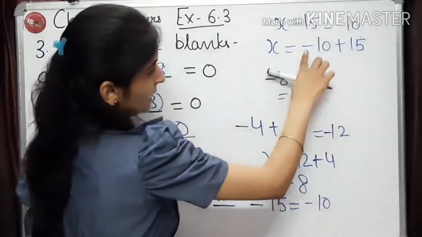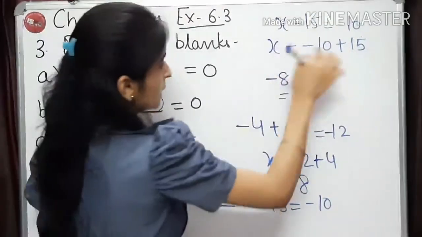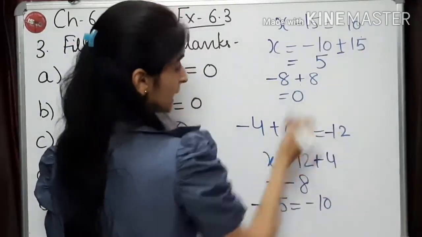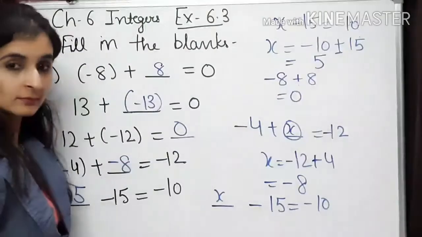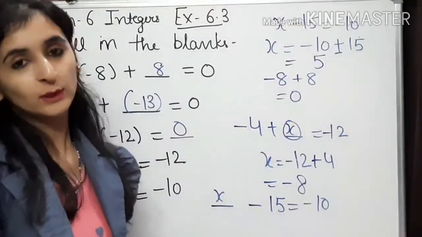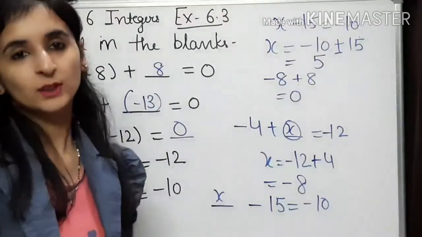Now one negative and one positive sign. So we will do subtraction. 15 minus 10 is 5 and sign will be of greater number. So the answer will be 5. So these are the small things, children, which you have to remember. Now let's come to last question of this exercise.